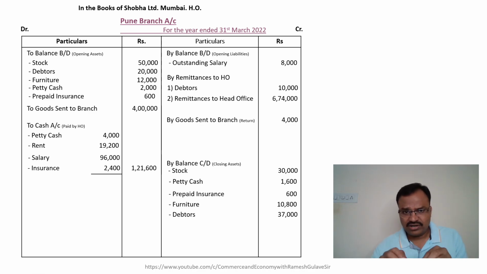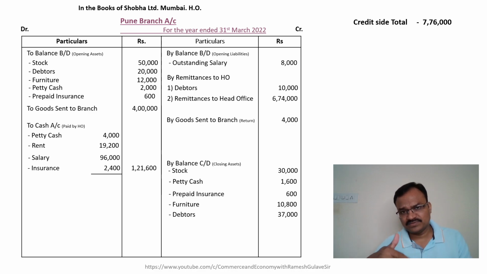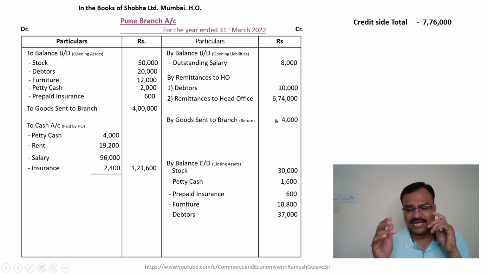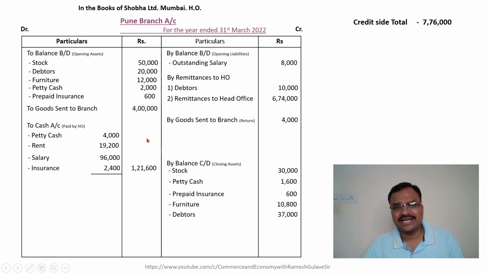Now we have recorded all the relevant information in the branch account. Now we can calculate the profit or loss of the branch account by comparing the debit side with its credit side. If the credit side is greater than its debit side, there will be profit, and if the debit side is greater than its credit side, there will be loss. See, the credit side total is 7,76,000.